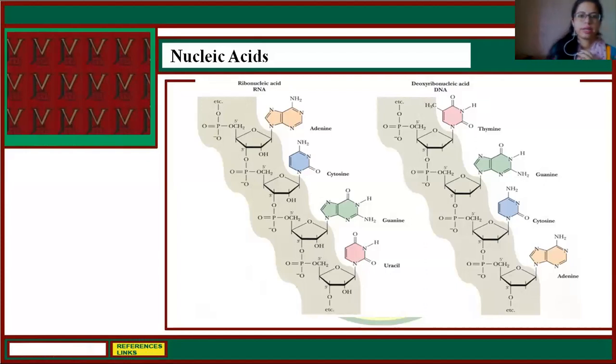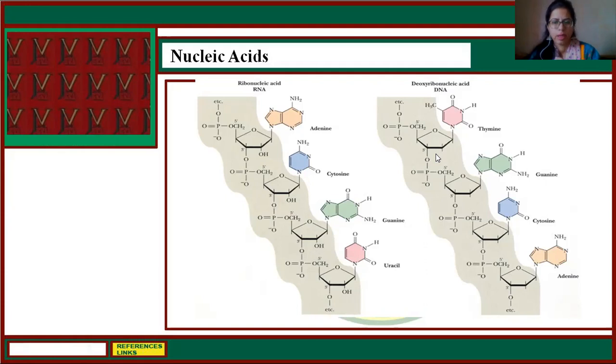On the other hand, ribonucleic acid is a single-stranded structure. But you can see the difference. First, here is ribose sugar, which has a hydroxyl group at the second carbon, but in DNA the second carbon does not have a hydroxyl group, and this pentose sugar is deoxyribose sugar.